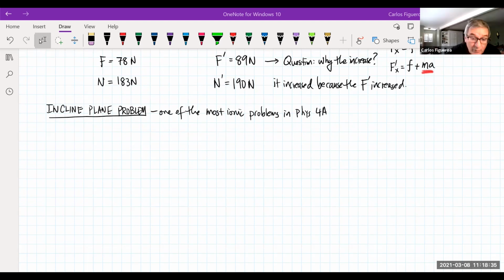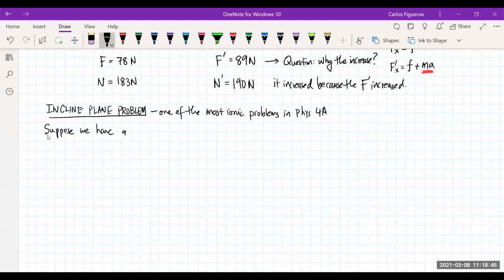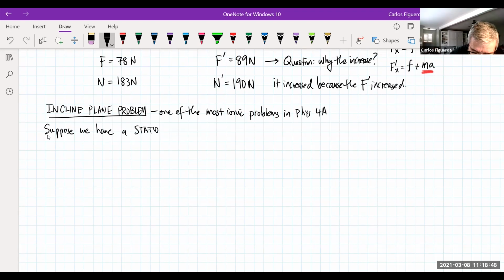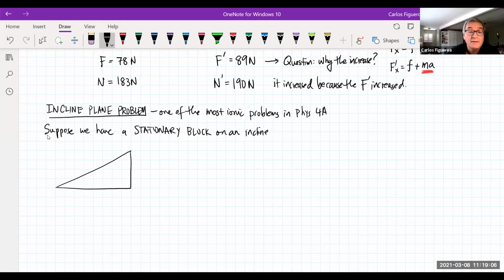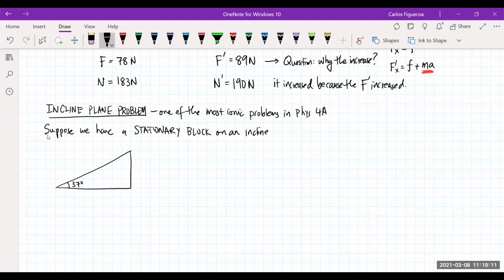So suppose we have a stationary block on an incline. When I draw this out, it looks like this, right? Here's my incline. I'm going to give it an angle because I want to deal with this with numbers.